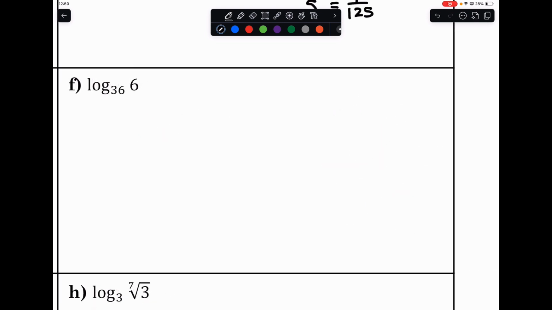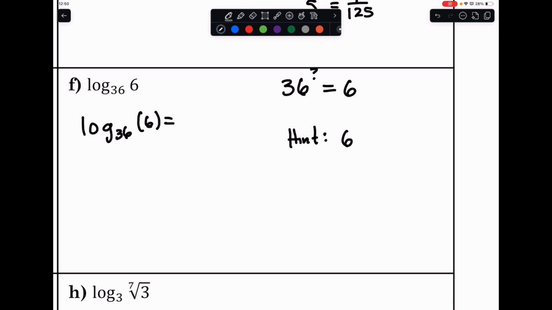Similarly, in example F, we come across the same situation. I have the base of 36. It needs to be raised to an exponent in order to equal this value of 6. Again, the hint here is that I should know that 6 to the second power equals 36. Using that, in order to go in this direction, 36 would simply have to be raised to the reciprocal value of this.